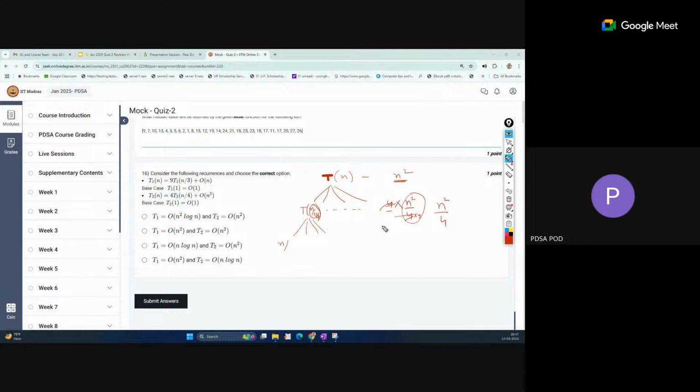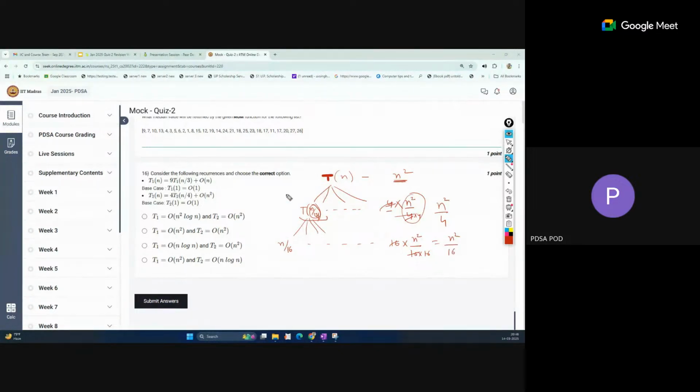And the next step, each call will use this input n by 16, and there will be 16 calls, 4 for each. So we will write n square by 16 square, and this is times 16.